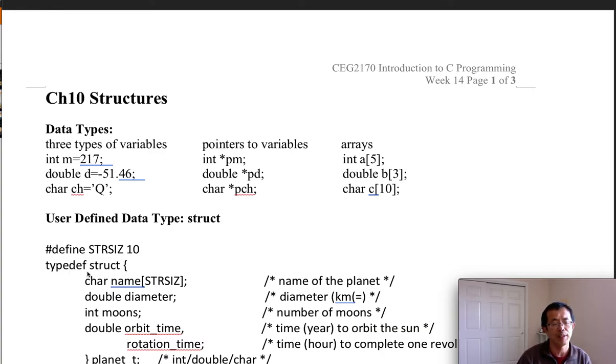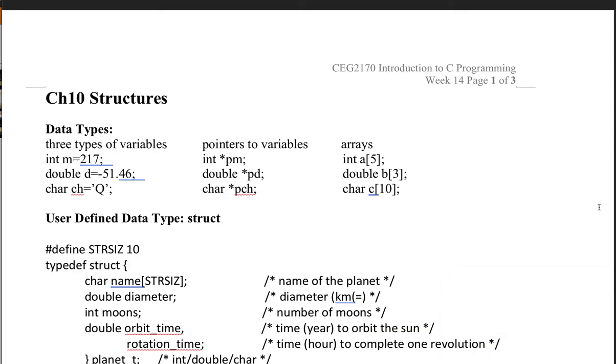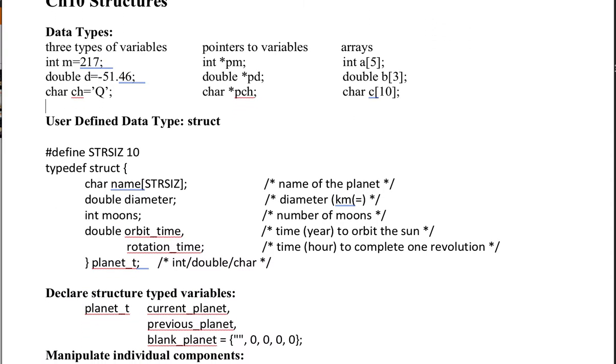So typedef and struct are the keywords, and then follows a pair of braces. We see the use of braces a lot of times, right? This time, the statements or declarations in between the pair of braces basically mean how the structure is defined.